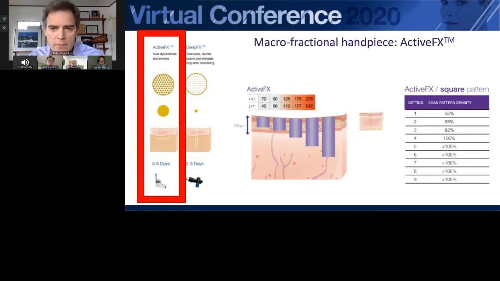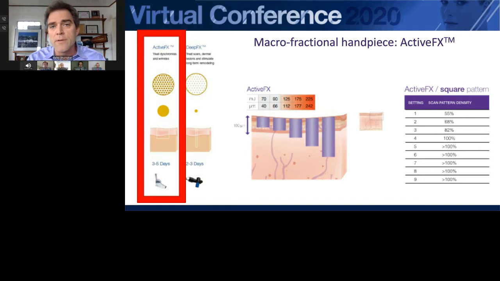What I want to point out, though, is that the density setting, different from Deep FX, is an arbitrary number. Even at the lowest setting, a setting of 1, the density of coverage is 55%, and that's probably too much for the traditional scar. When we use Active as the gold standard for wrinkle reduction, it is healing from the adnexa as well as nearby adjacent skin.